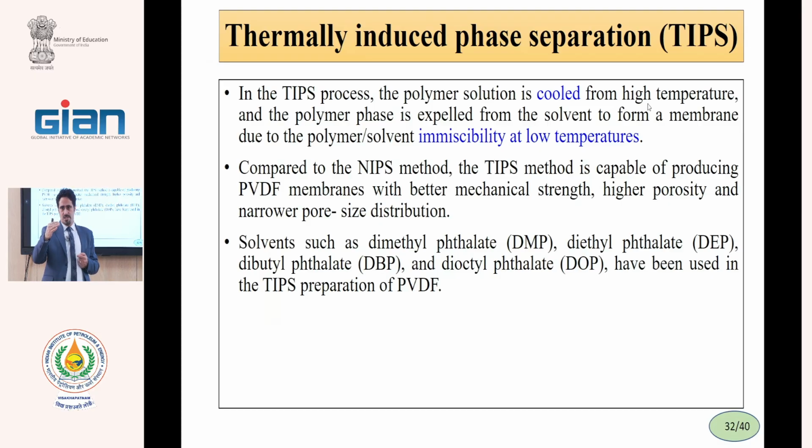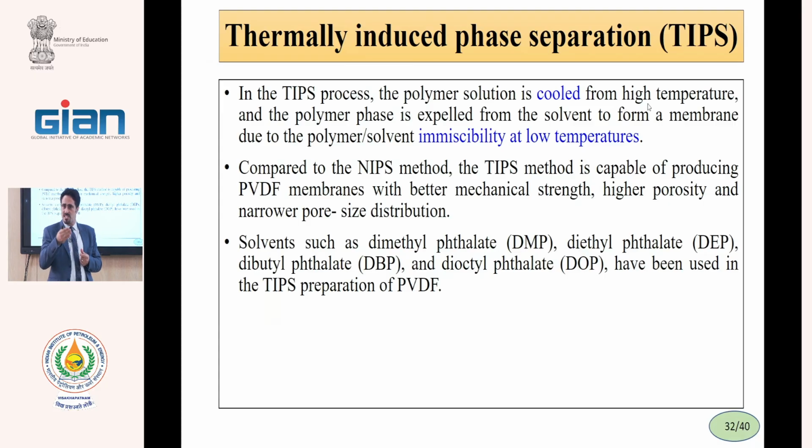But if the temperature is reduced to 70, the polymer will not be soluble. Therefore, in this technique, at high temperature we prepare a uniform solution, and at high temperature we cast, and next we let the temperature reduce.